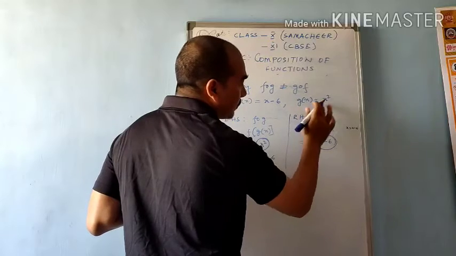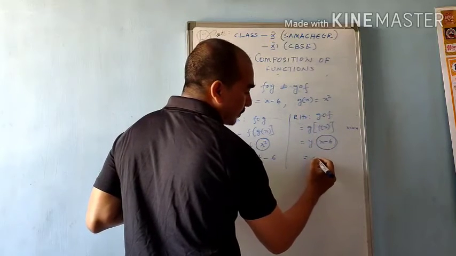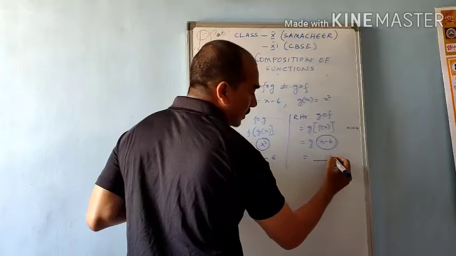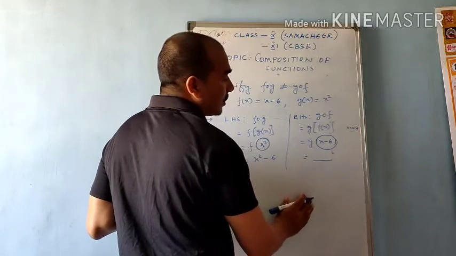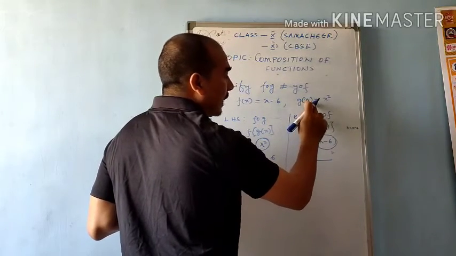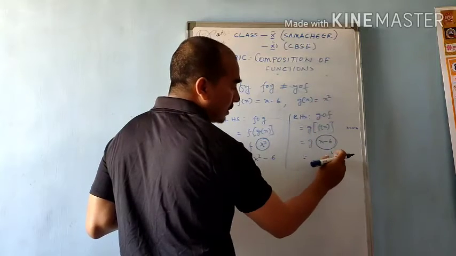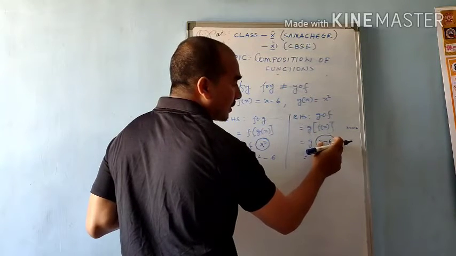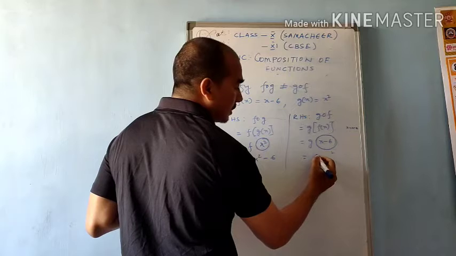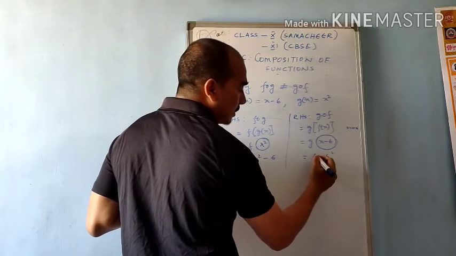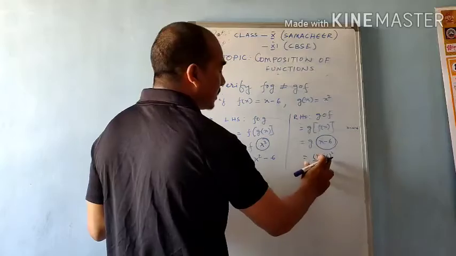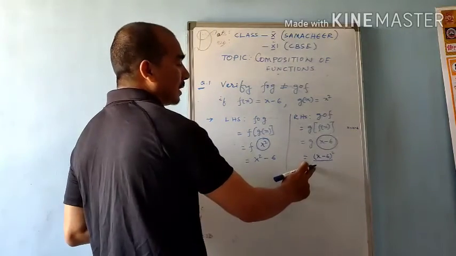What is the g of x formula? x square. So g of x value is x square, but what is the x value here? x minus 6. So x minus 6 whole square. This is the right side answer now.